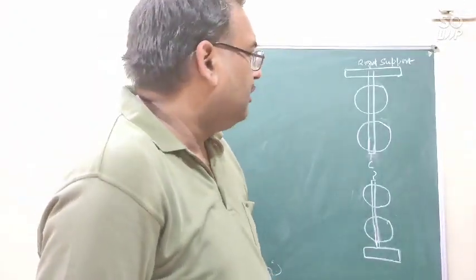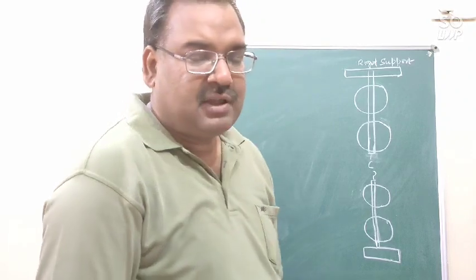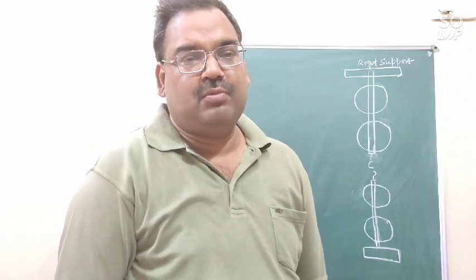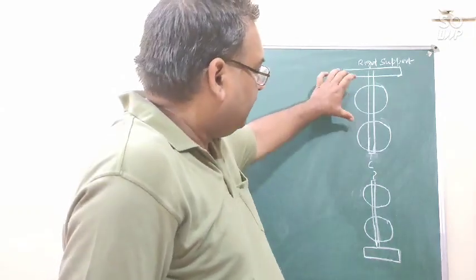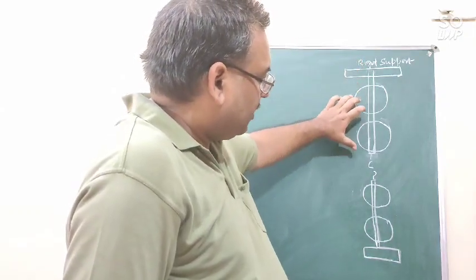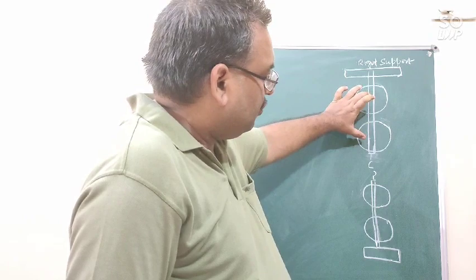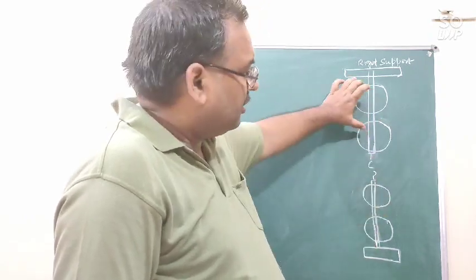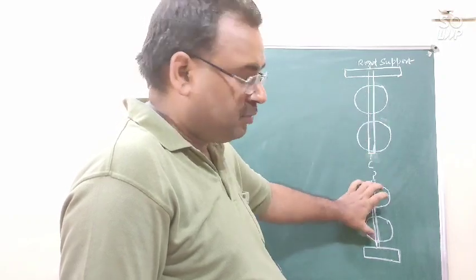Next we have a block and tackle system in which there are equal numbers of pulleys in both the blocks. So here I have drawn a block and tackle system in which there are 2 pulleys in the upper block and 2 pulleys in the lower block. The upper block is a fixed block and the lower block is a movable block.